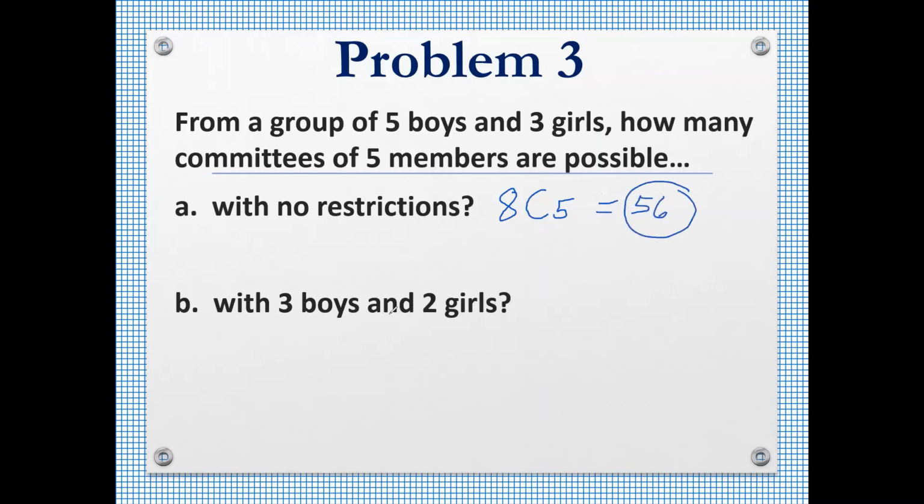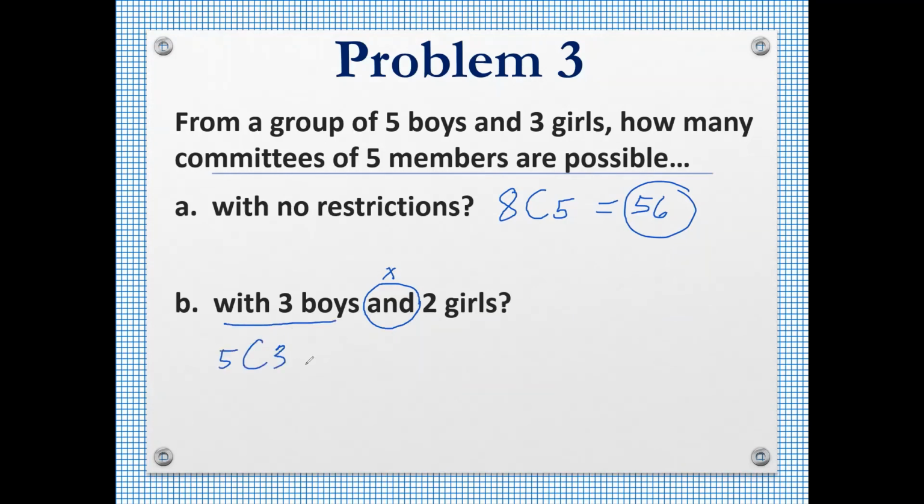Now, with 3 boys and 2 girls, it's not "or" anymore. When you see "and", it's multiplication. Here it cannot be "or" because you are forming committees of 5 members. So it's "and", and when you see "and", it's referring to multiplication. With 3 boys, of course, we have to select the 3 boys from the 5 boys.